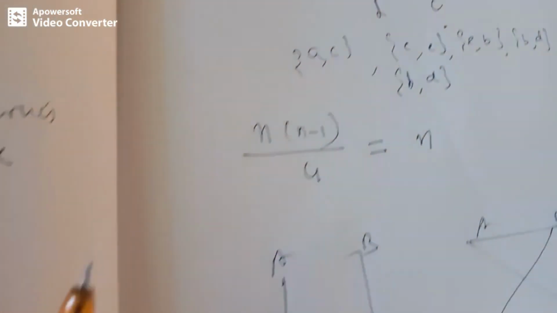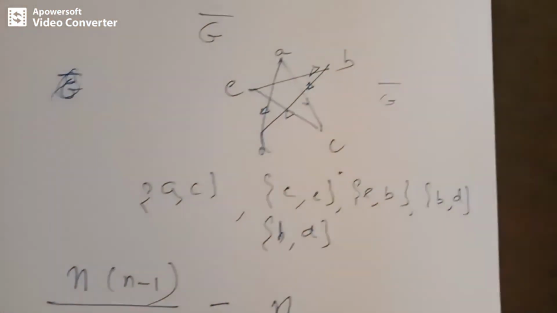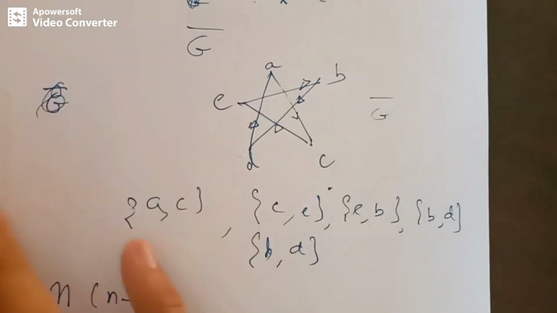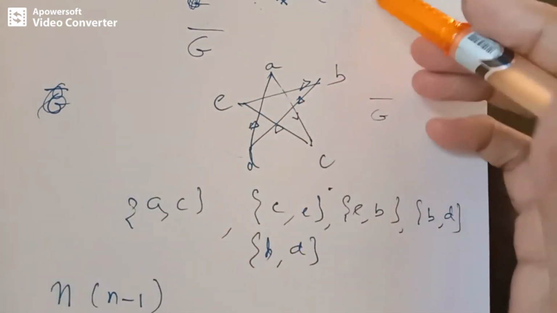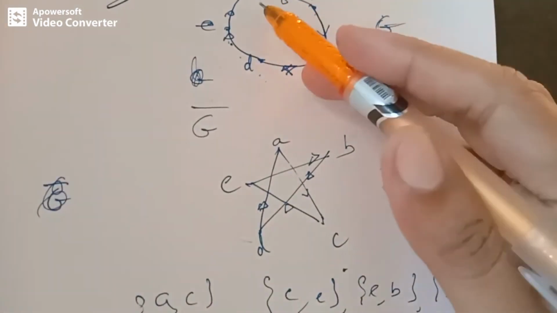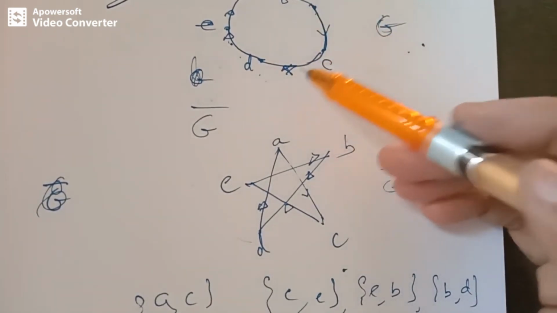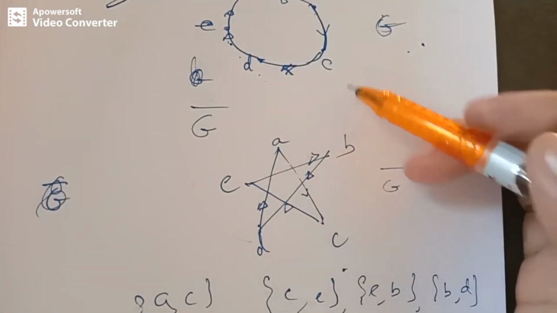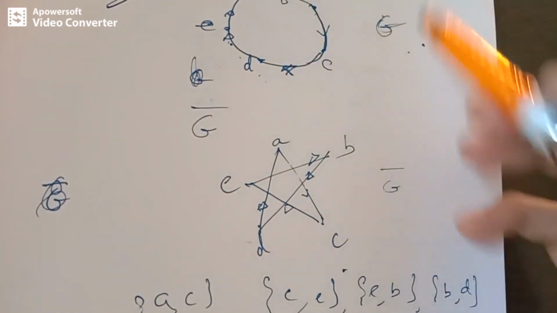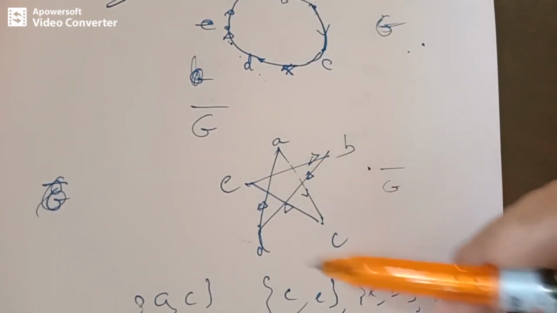So coming back to our question, we have a self-complementary graph, and we know how many edges there will be in G and G complement. For example, in this we have 5 edges, here 5 edges, which is equal to the number of vertices, 5.